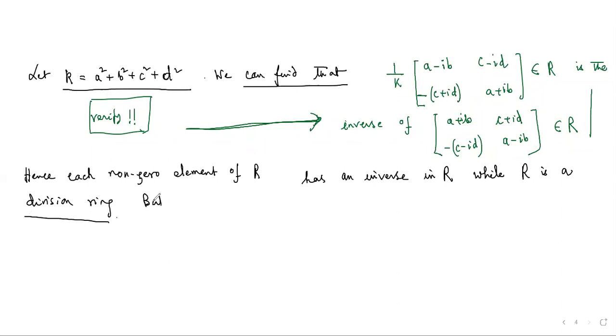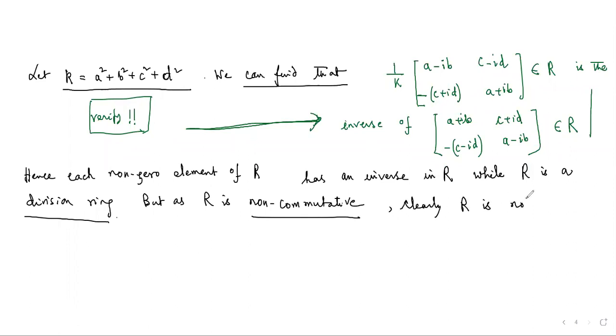But as R is non-commutative, clearly R is not a field. Proved. So we have found an example where the set is a division ring but not a field.